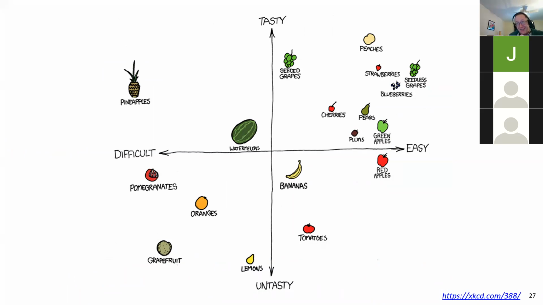The visualization itself, we have a bunch of categorical data that the cartoonist is making a judgment call on in terms of difficulty to peel and eat and tastiness, but it is categorical data. Watermelons and pineapples, there's no really ordering effect of it, maybe alphabetical. But there's also this attribute that is being interpreted as continuous, as quantitative data, but it could be discrete.